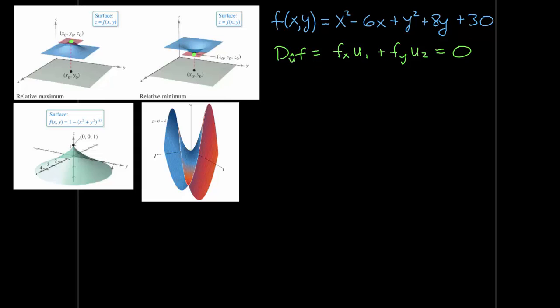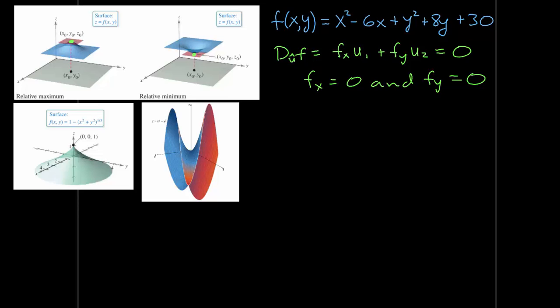Well, this is not going to happen unless fx equals 0 and f partial with respect to y equals 0. That's the only time you're going to have that. I mean, u1 and u2 are not going to be 0. They're the direction. If both of them were 0, then you would just have a point. But we're looking for where the partial with respect to x is 0 and the partial with respect to y is 0.